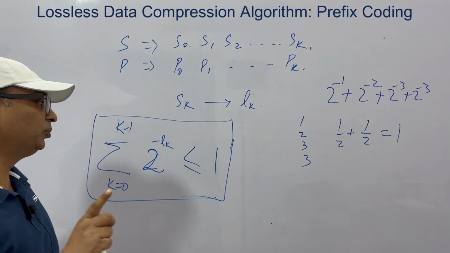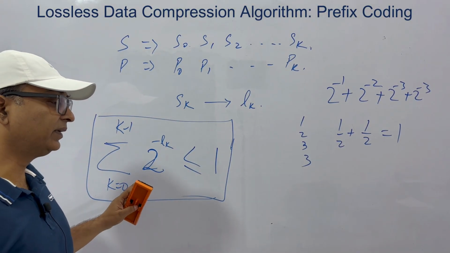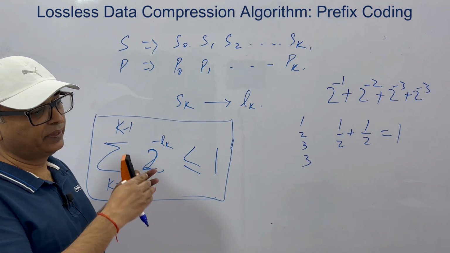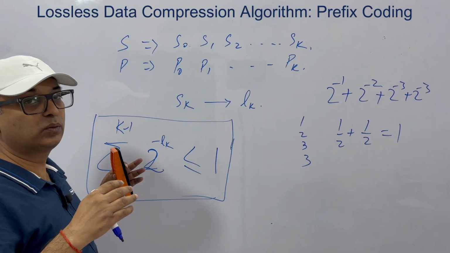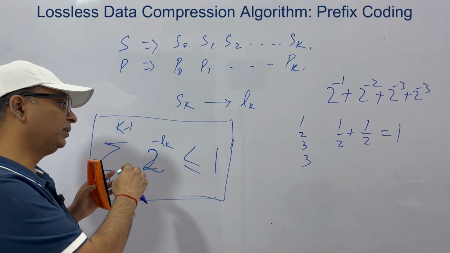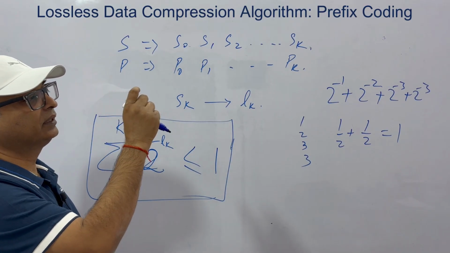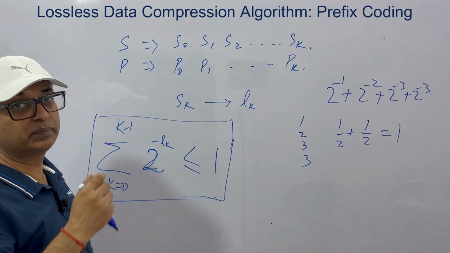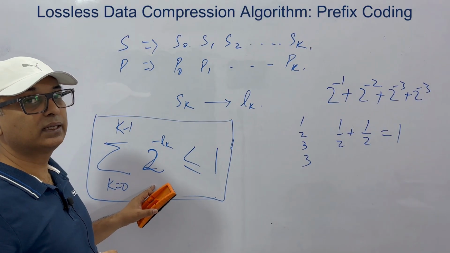Now the point to be understood is that Kraft inequality only gives the code word length. It gives some relation between code word length and a mathematical expression that has to be fulfilled if that has to be a data compression algorithm, if that has to be compressed data. This is for code word length only.